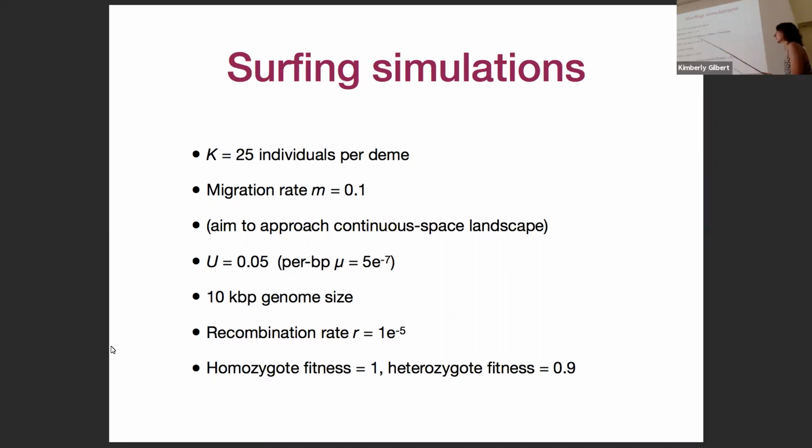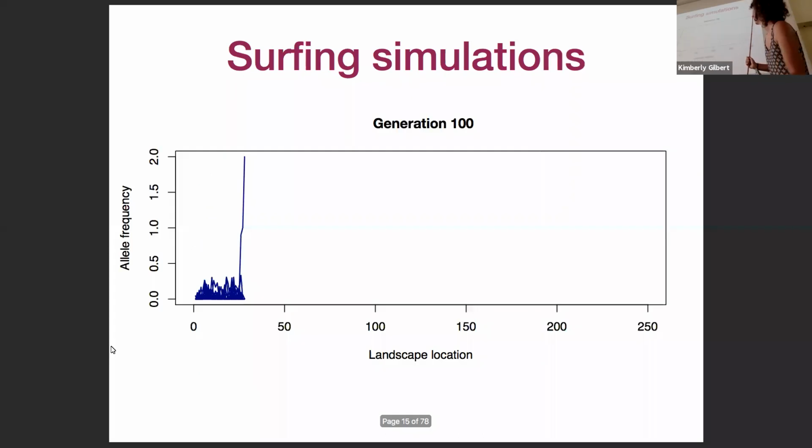And then this is for underdominant mutations to enter the population. Every individual had a 10,000 base pair genome. We had some small recombination rate. And the important thing for the underdominants here is that heterozygotes had a fitness of 0.9 and homozygotes had a fitness of 1. So again, heterozygotes are not as fit as either of the types of homozygote.